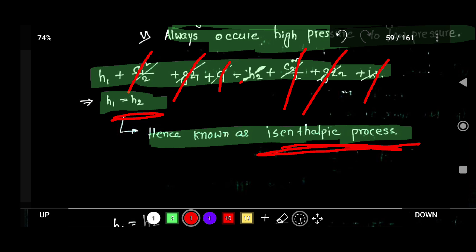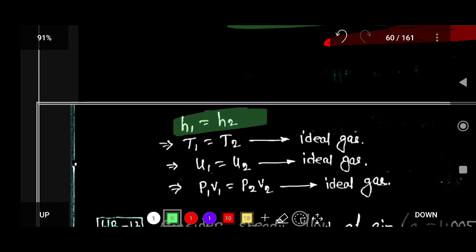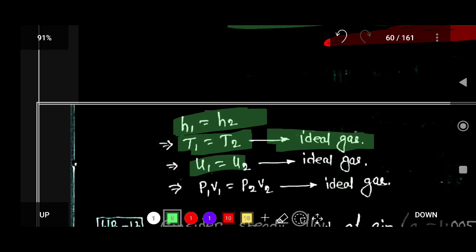If the entropy is the same, it is an isentropic process. But if the enthalpy is the same, then it is known as an isenthalpic process. Remember this. So here H1 is equal to H2, and if it is an ideal gas, then T1 is equal to T2, and you can say that U1 is equal to U2.